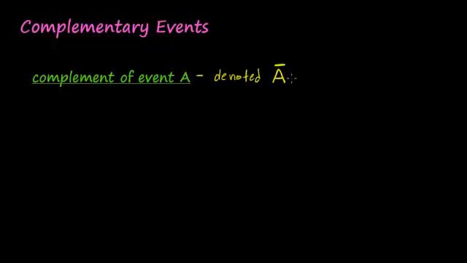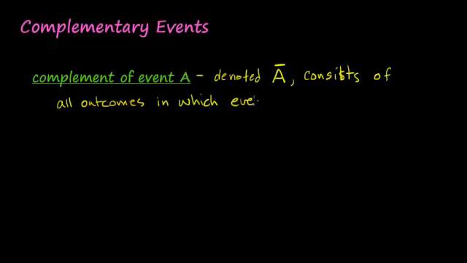So that's the complement of event A, and it consists of all outcomes in which event A does not occur.